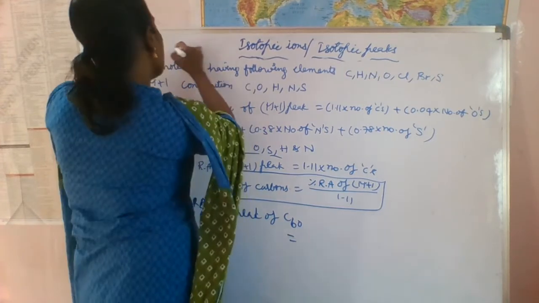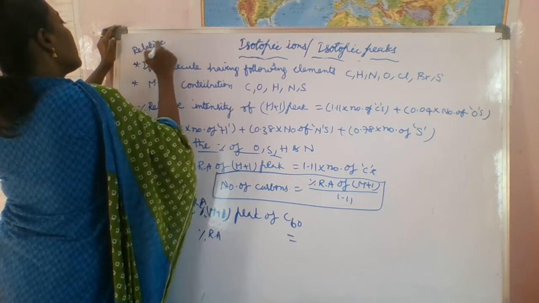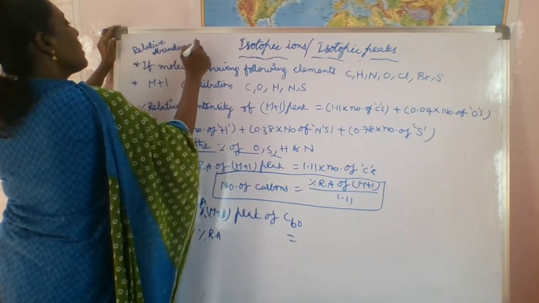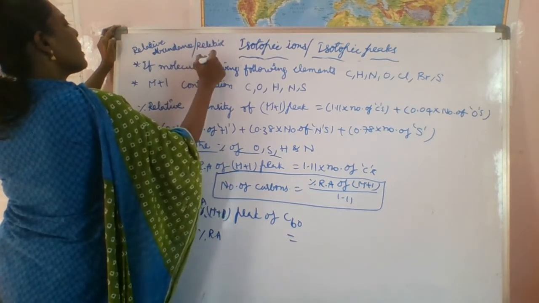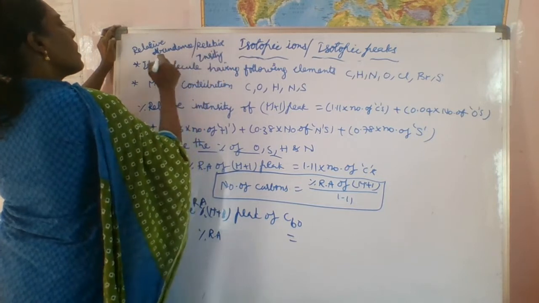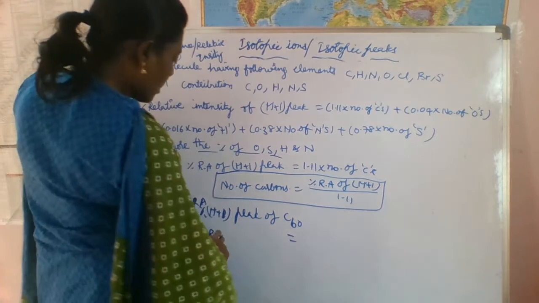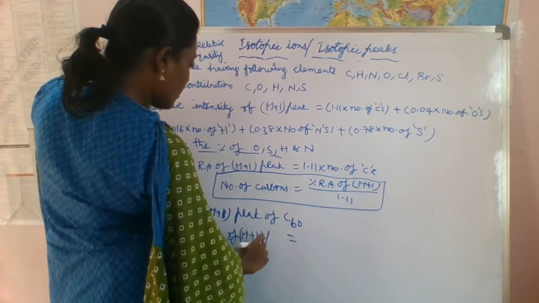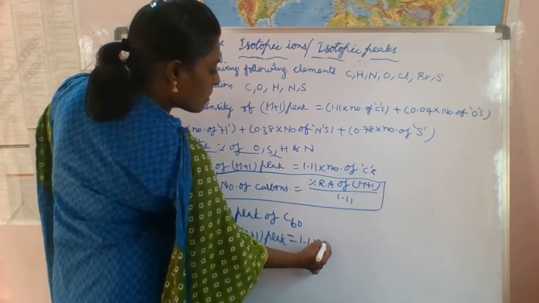They are one and the same. Relative abundance or relative intensity, you can represent as RI also. No problem at all, right? Of the M plus 1 peak, what do you get? 1.1 into 60.